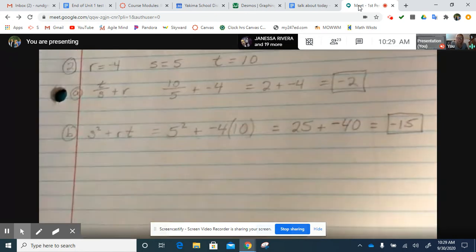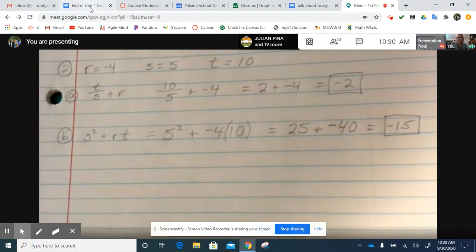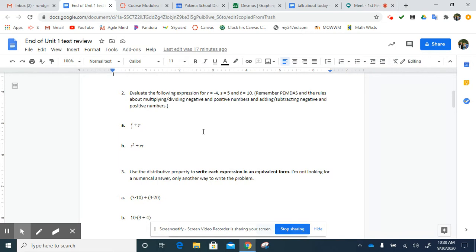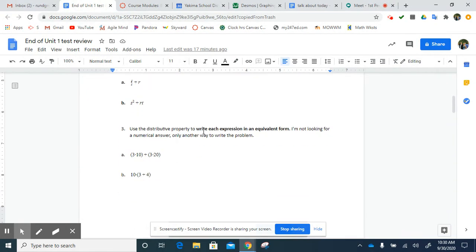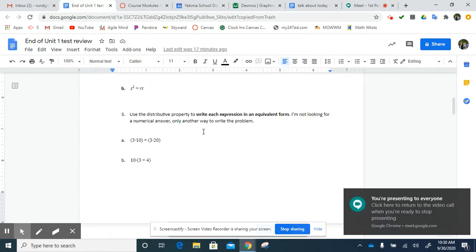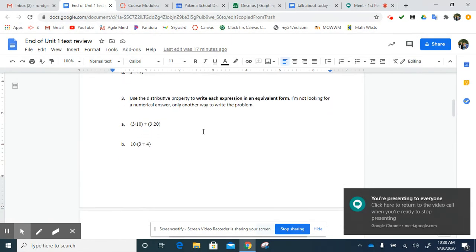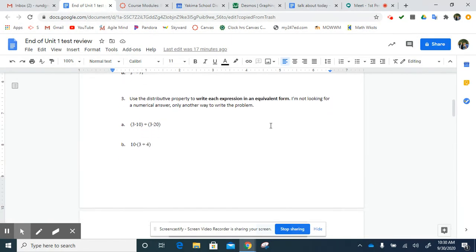Okay, and let's go back to our test. Okay, for number 3, use the distributive property to write each expression in an equivalent form. I'm not looking for the numerical answer, only another way to write the problem. So we practice this a little bit in some of our lessons.